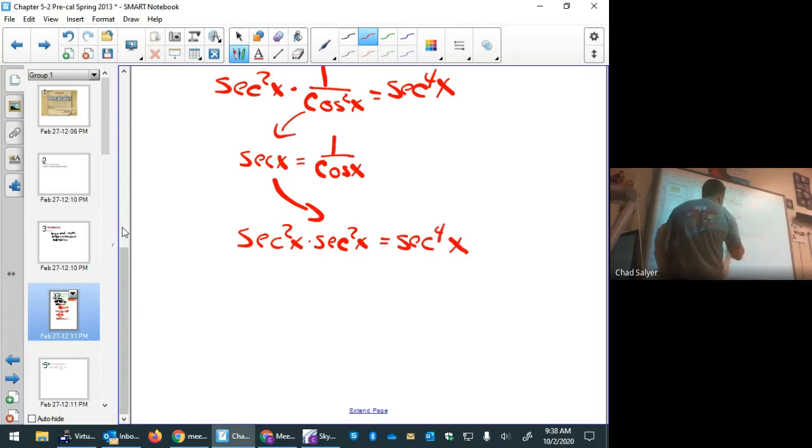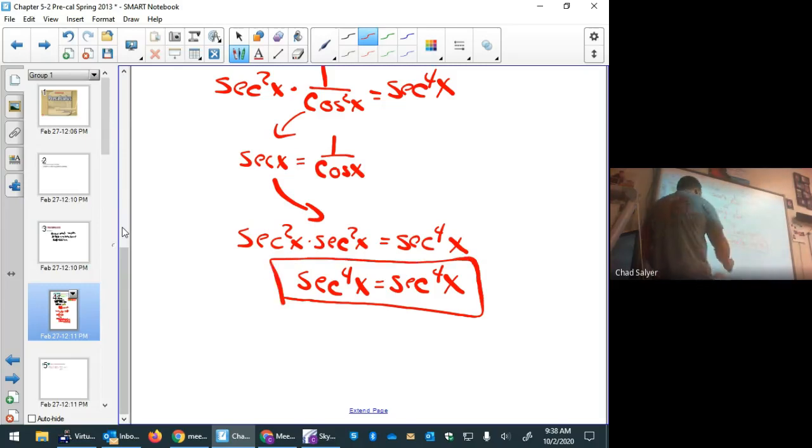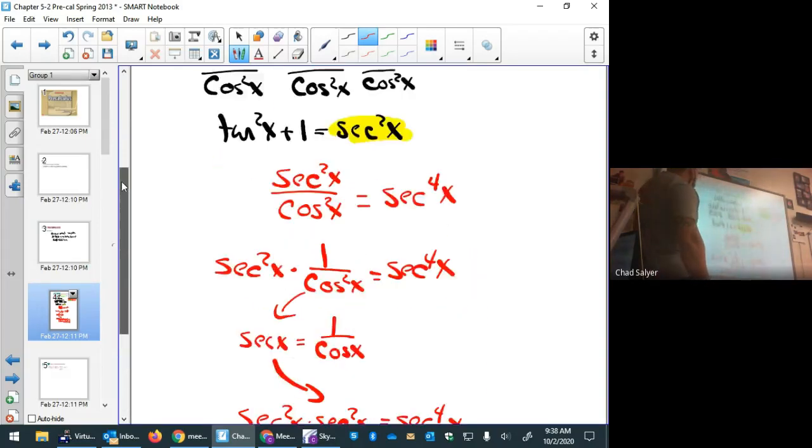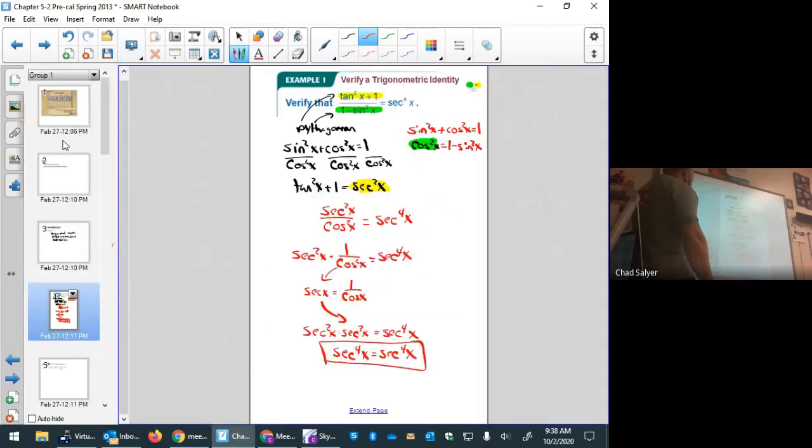And now it's just algebra. Secant to the 4th power of x equals secant to the 4th power of x. And we have verified. So when you get the same expression on each side of the equation, we have verified that identity.